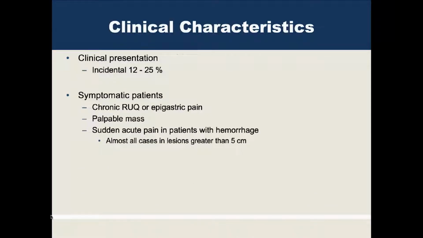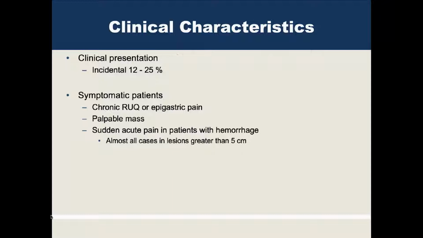These patients are incidentally diagnosed in around a quarter of the tumors. They will have no symptoms, but they have undergone imaging for other reasons, and these tumors are found. For symptomatic patients, very often the symptom will be abdominal pain, so chronic right upper quadrant pain or sometimes epigastric pain.